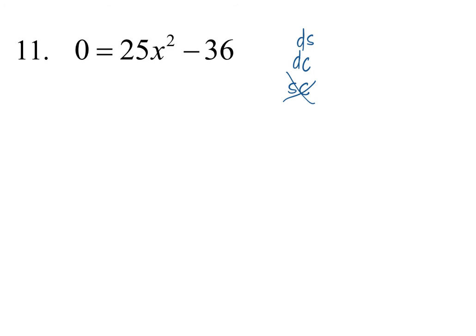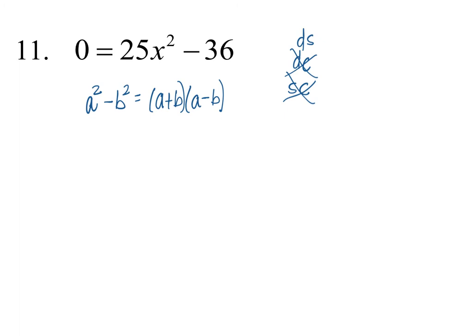And squares or cubes, well, I see x squared. So let's see if it could be the difference of squares formula, which says if you have a squared minus b squared, you will factor that into a plus b and a minus b.